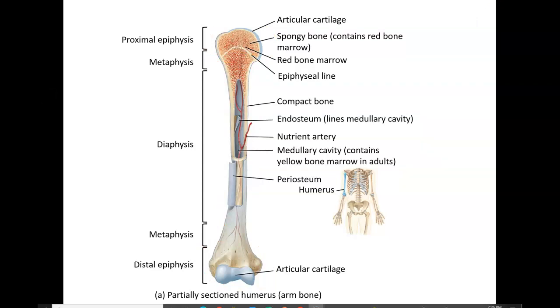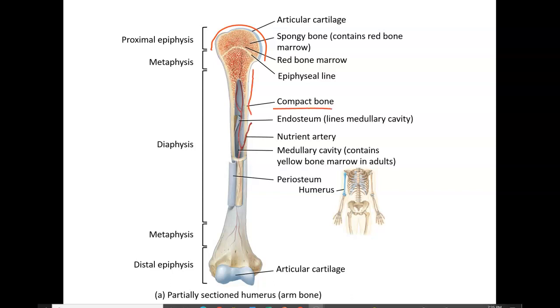Now, looking at the end, notice that going around this epiphysis, you're going to have articular cartilage. It's called articular cartilage because this is where bones are going to articulate with each other, or come together with each other. And so, therefore, the cartilage that goes over the end is an articular cartilage. Underneath that, it's hard to see and they don't have it listed right here, but you'll notice this compact bone here.